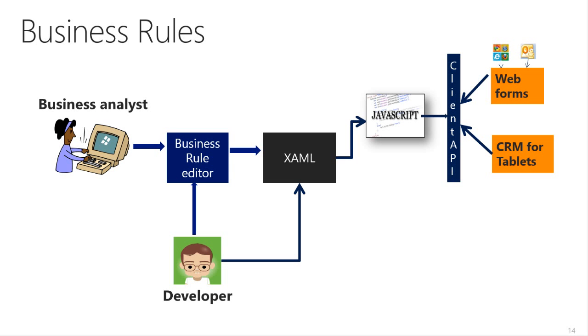After the business rule has been created and activated, there is some XAML generated by the platform under the covers, and based off of the XAML, JavaScript, which is essentially just built off of the CRM client SDK, is generated and utilized.